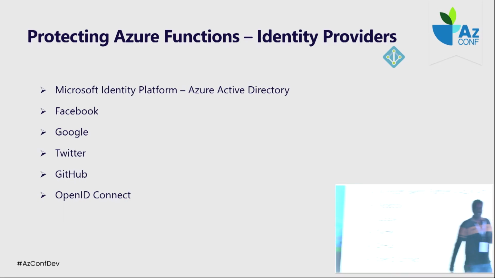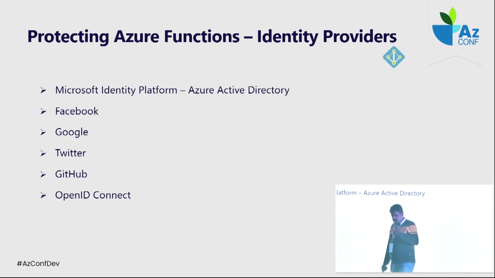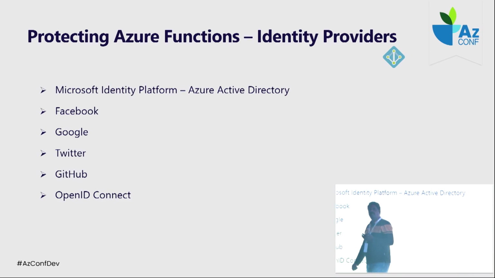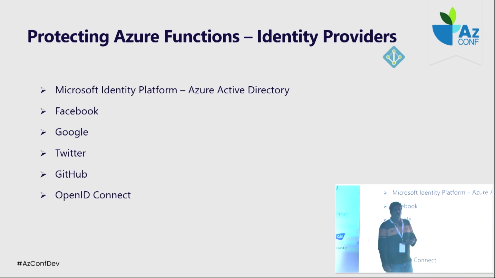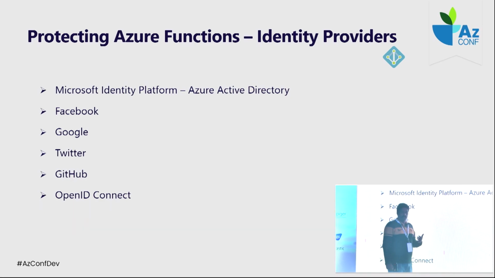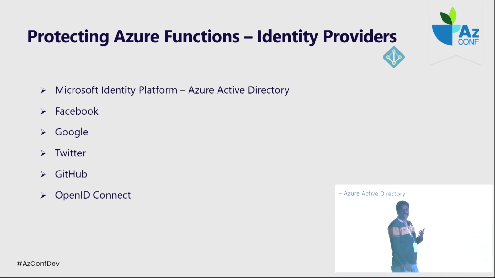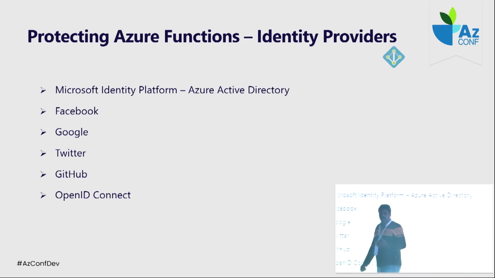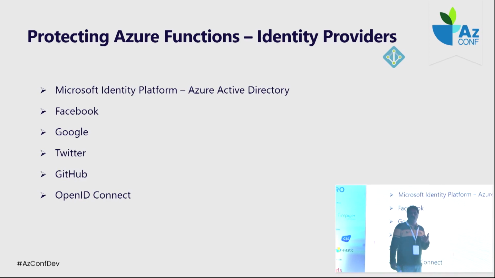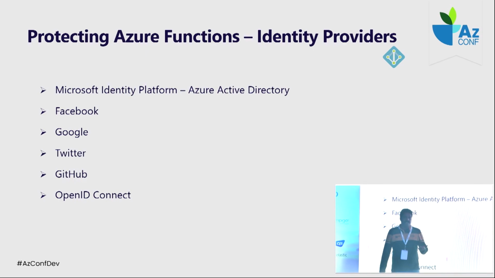Once the Azure Function is deployed, you can turn on authentication and configure it within the Azure portal itself. Then your authentication starts working, and when a user tries to access your Azure Functions, they will be authenticated. There are other identity providers: Facebook, Google, Apple, GitHub.